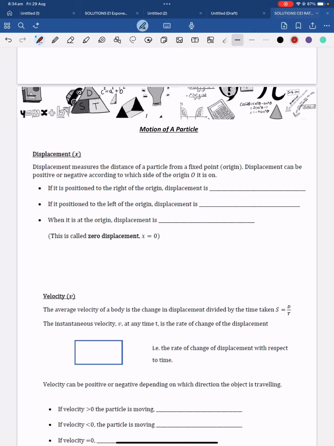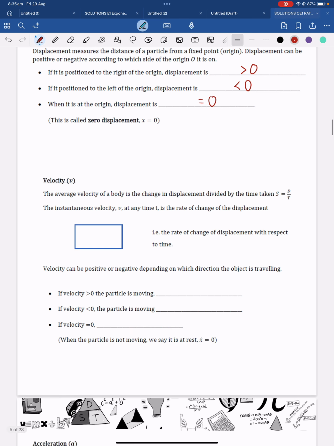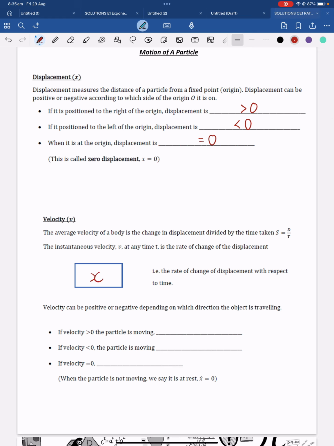Okay, if the position of the particle is to the right of the origin, the displacement is greater than 0. If it's to the left of the origin, it's less than 0. And if it's at the origin, it's equal to 0. Okay. The velocity, so again, we can represent that usually with x dot or v, but more commonly x dot.